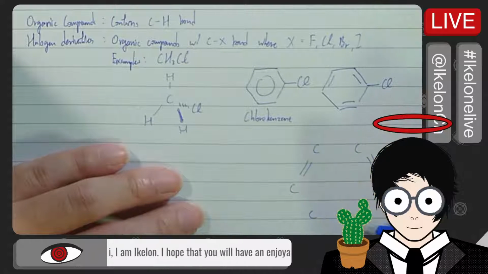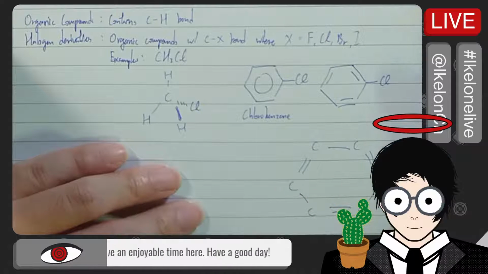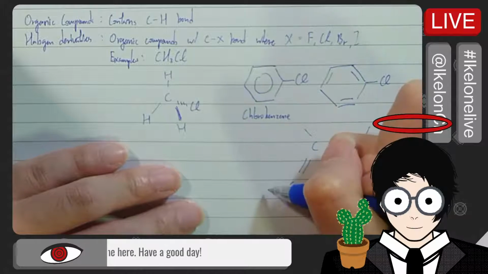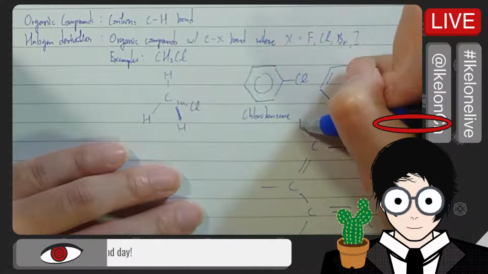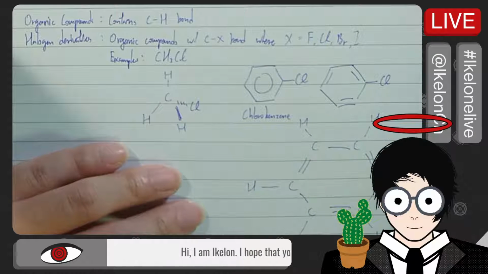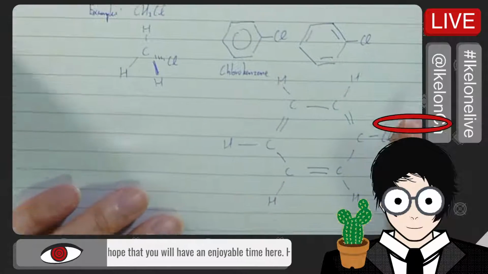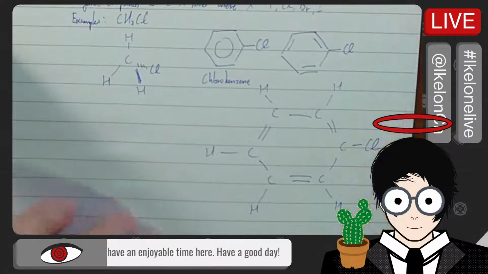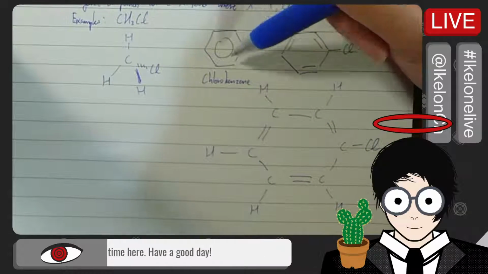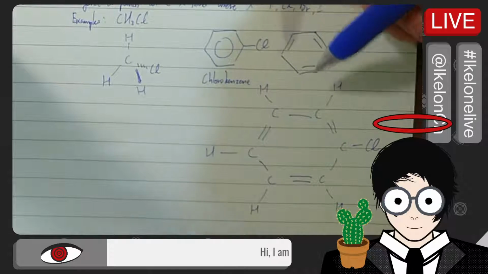Cl, H, H, H, H, H. Oh, you guys can't see the bottom. Let me move my keyboard, move this up. So you see, this is how we usually draw it, but what this means is this, and what this represents is this.